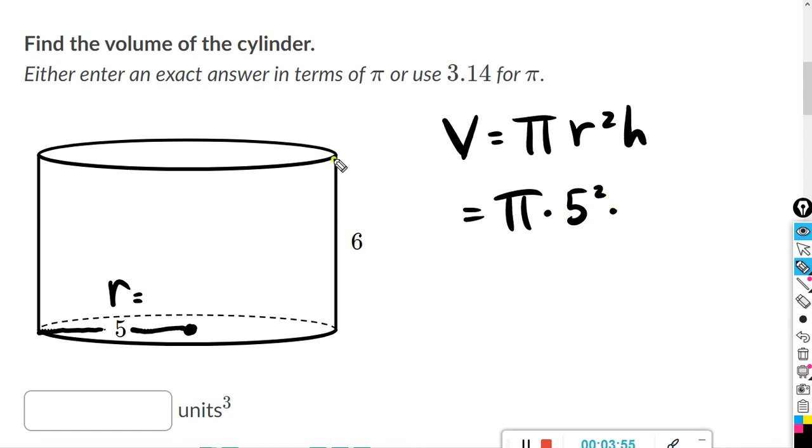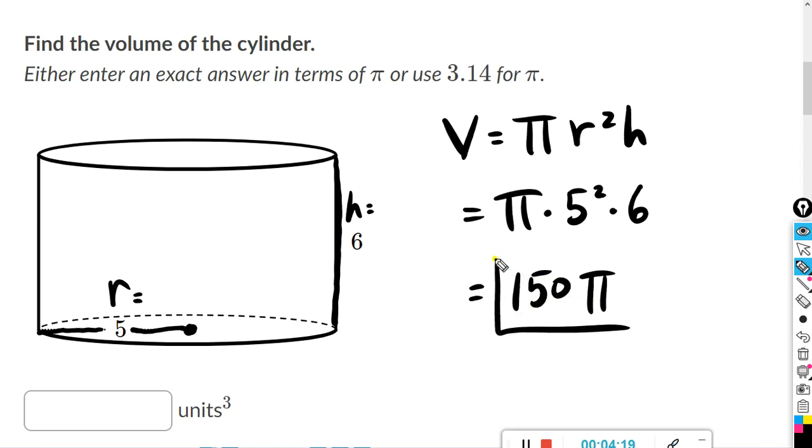And that's going to be times the height, the distance between the two circles, and we can see the height is 6. In place of h, I'm going to put a 6. Leave pi as is, and on the calculator, just do 5 squared times 6. That is going to be 150. So our final answer is 150 times pi.